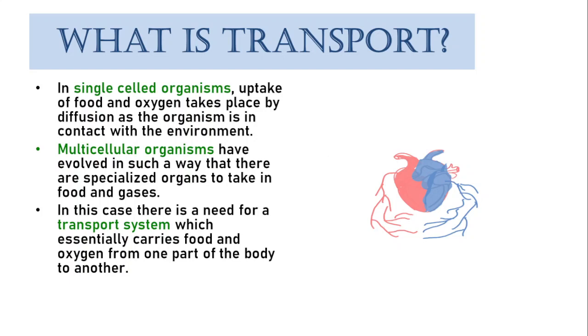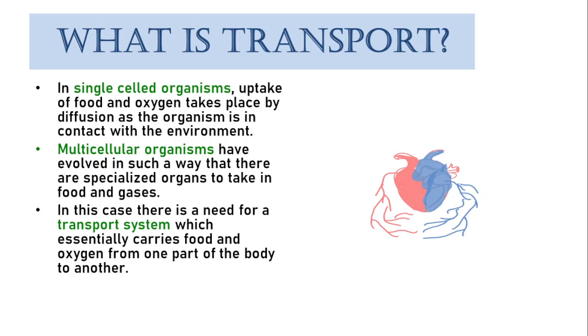In the case of multicellular organisms, this process becomes a little complicated because they have evolved complex body structures. So they have specialized organs to take up food and gases, namely digestive systems, respiratory systems, etc.